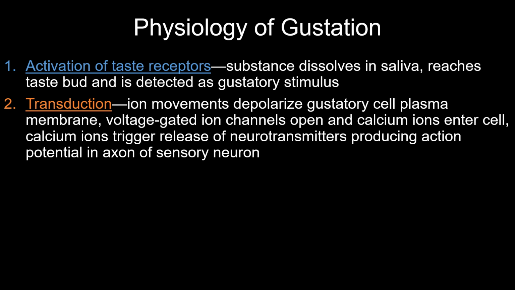Once they bind to those ligand-gated channels, they'll start generating local potentials that summate and become action potentials, traveling through one of those three cranial nerves, being interpreted as taste.